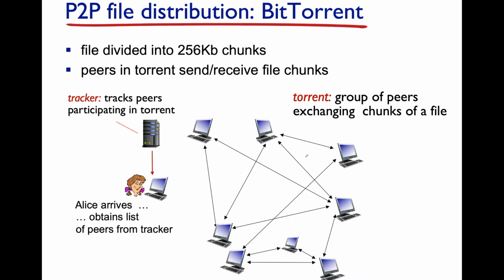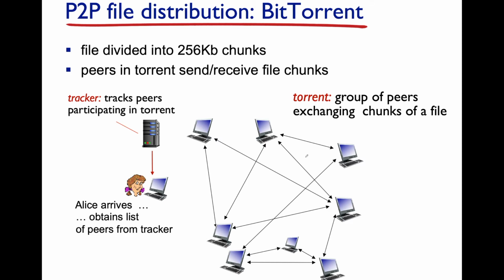Well, when a peer wakes up and joins this peer-to-peer network, this exchange of chunks of files, they register themselves with this directory service. And so every subsequent joiner to the network contacts the directory service and gets the identifying information, the address, so that they can contact peers participating in the torrent.